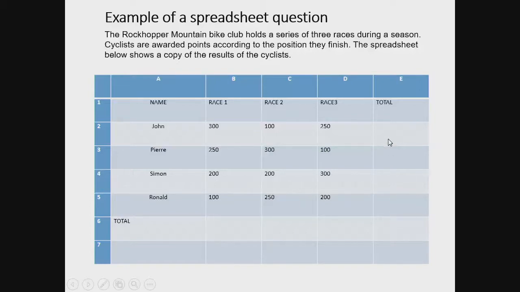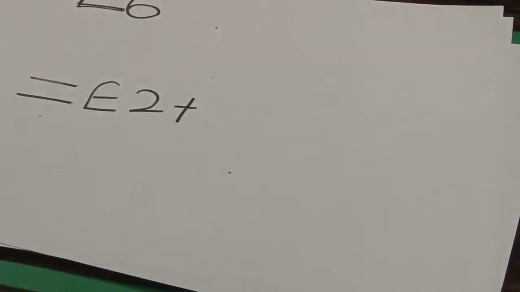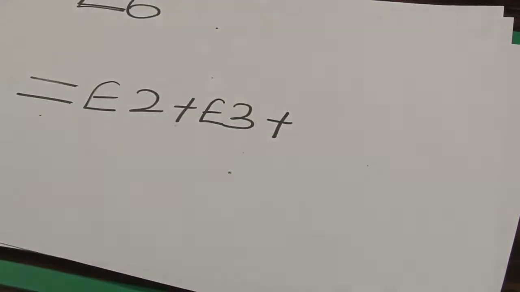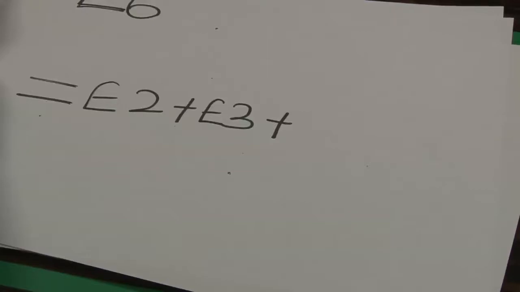So the first total here, what is the name of that cell? It is cell E2 plus another total here for the next person, E3. Can you see that now? The last total, another one here.